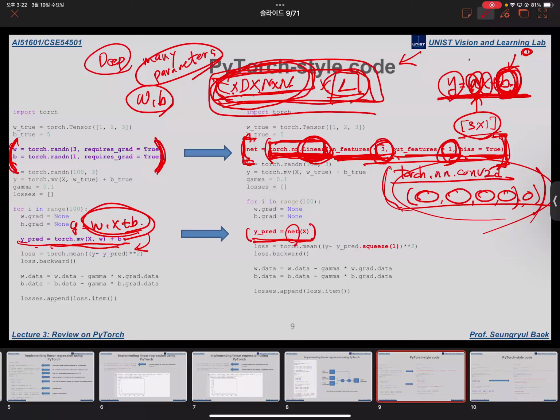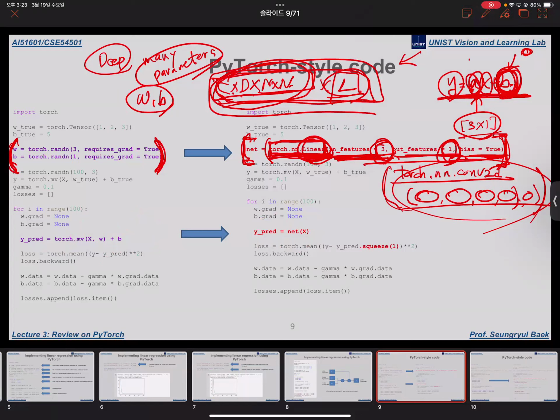They already know about that, so you can now just call net on the input variable x. Okay, so when doing it in this form, when your forward rule is changed, you have to re-implement everything. But even though your forward rule is changed, if you code it like this, the code is not changed. Okay. So in PyTorch, this type of code is preferable.